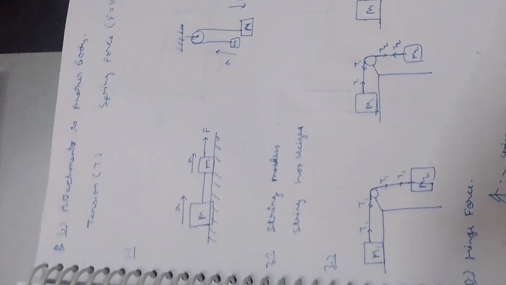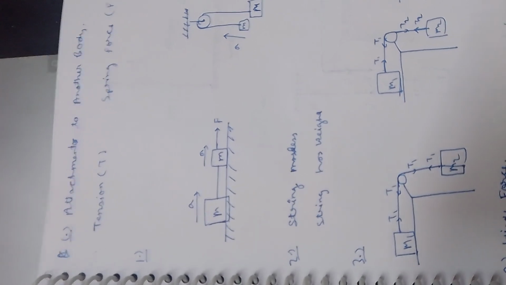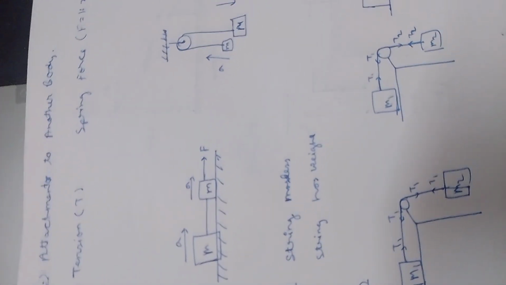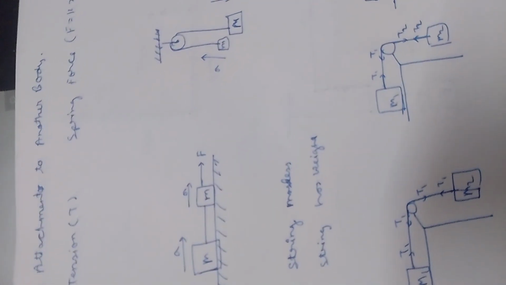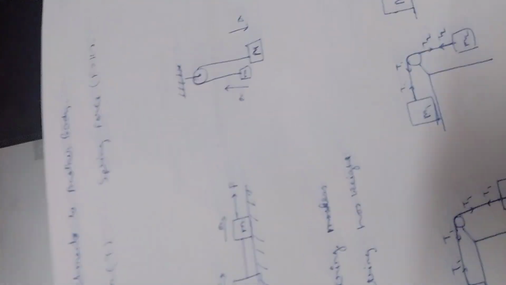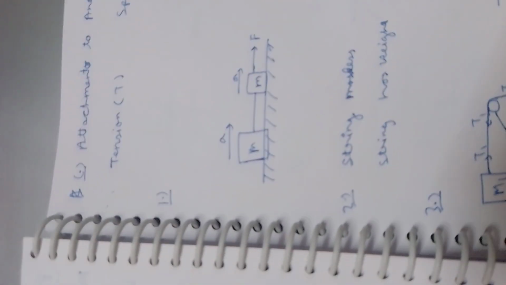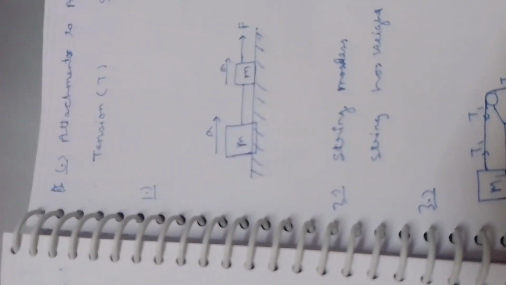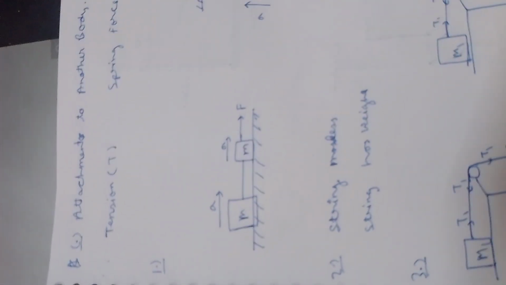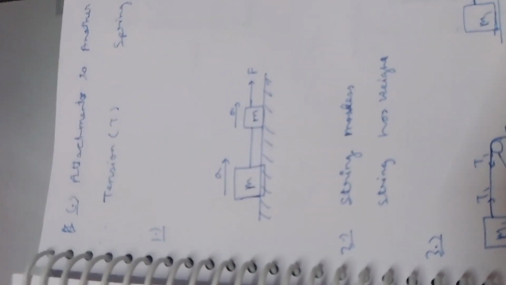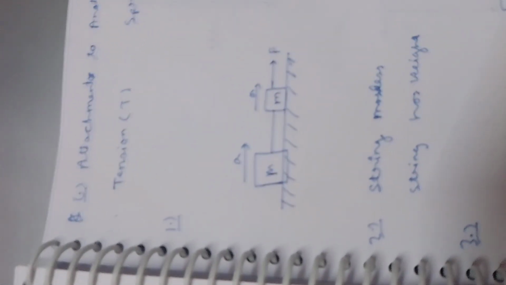And third, the force type is attachment to another body. Tension in a string and spring force come in this category. We have to remember three points. First, if a string is inextensible, the magnitude of acceleration of any number of masses connected through the string is always the same.